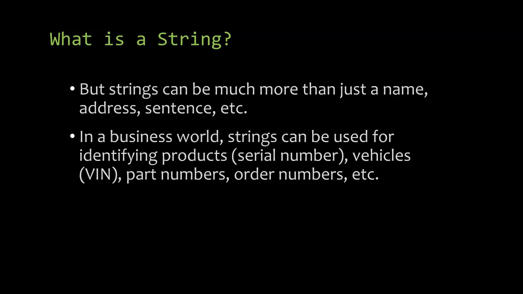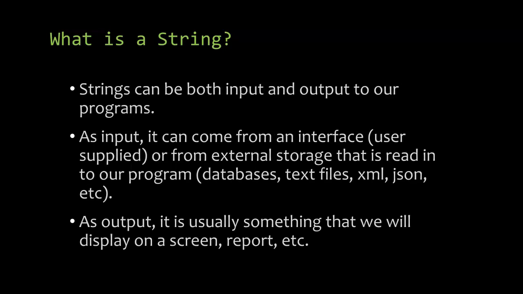It's really to identify something, right? And some of these numbers could actually have alphabetic characters in there. I've seen order numbers with alphabetic characters in them. All right? And sometimes these strings have inner meanings to them, okay? And some of these inner meanings could be something that we need to actually get to.